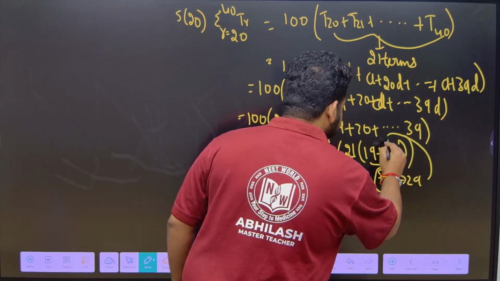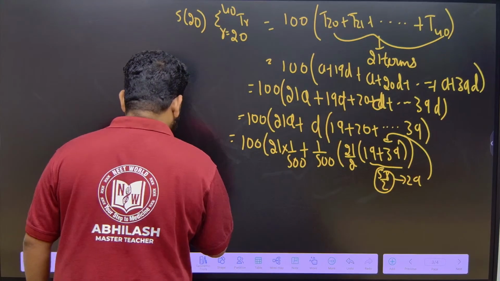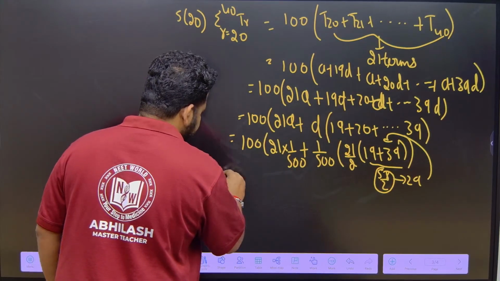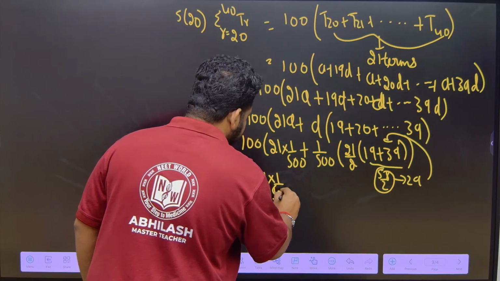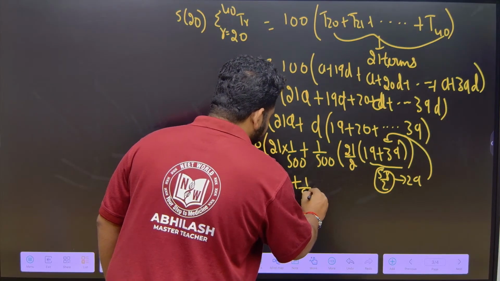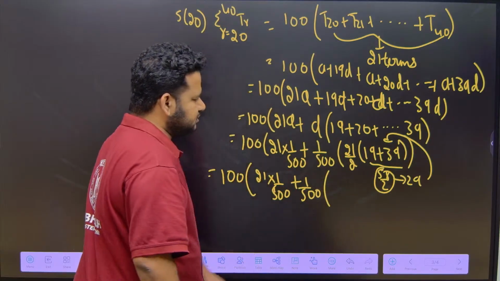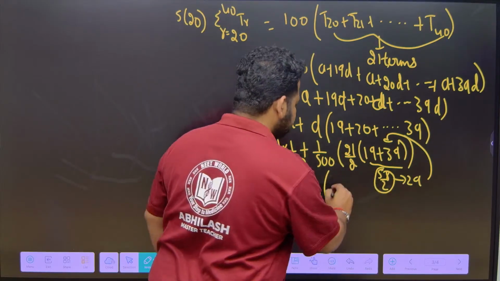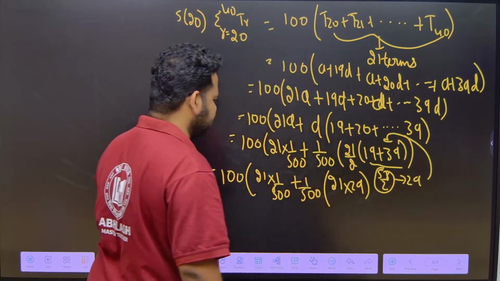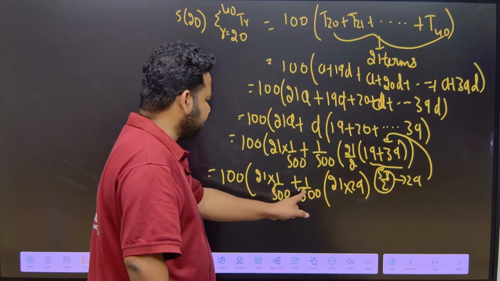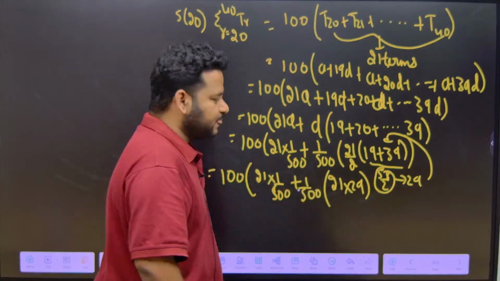So finally this becomes 100 into 21 into 1 by 500 plus 1 by 500 into 21 into 29.